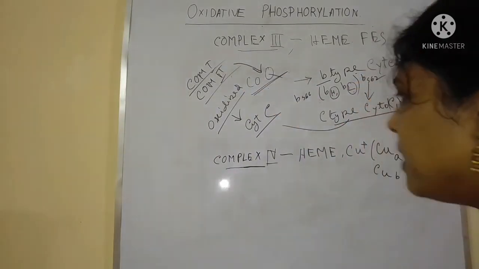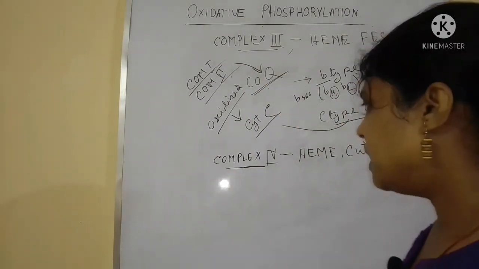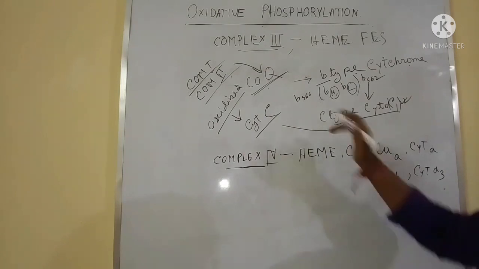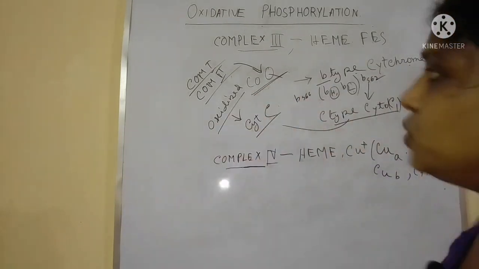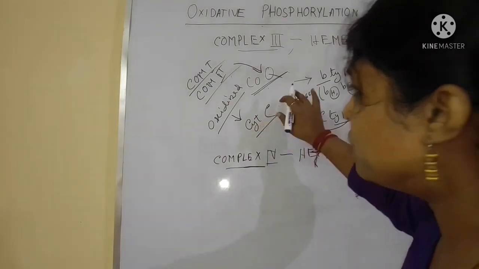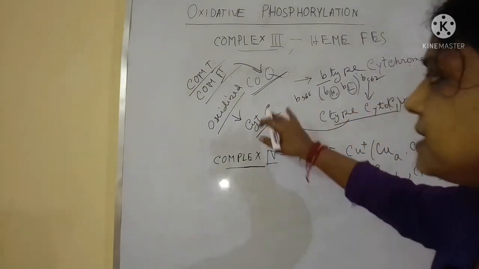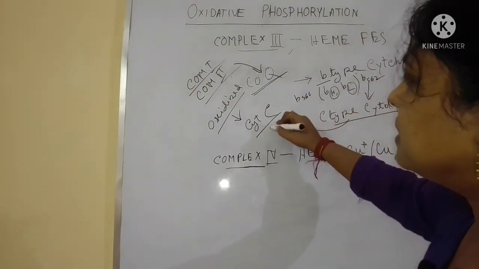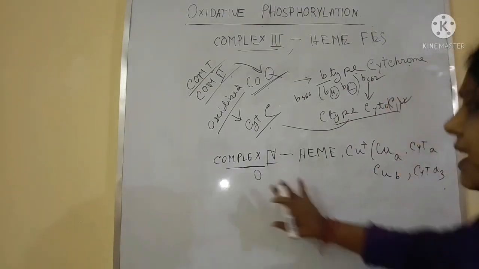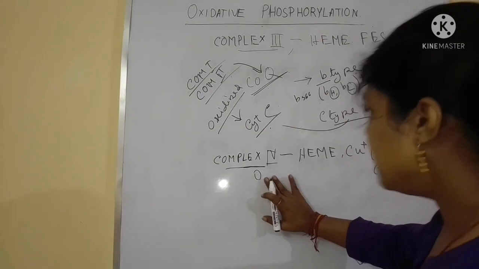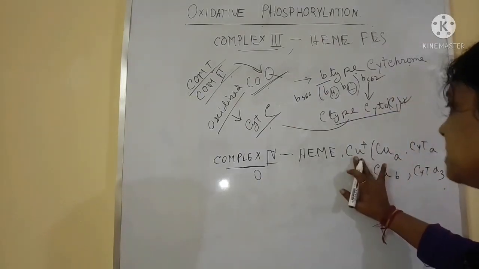And the last one, complex 4. Here, the electrons, after entering into the oxidized form of cytochrome C, enter into complex 4. And what happens in complex 4? And what is the role of the Cu plus?